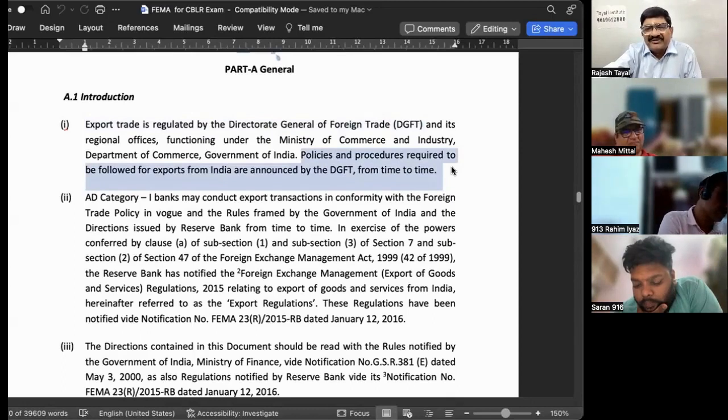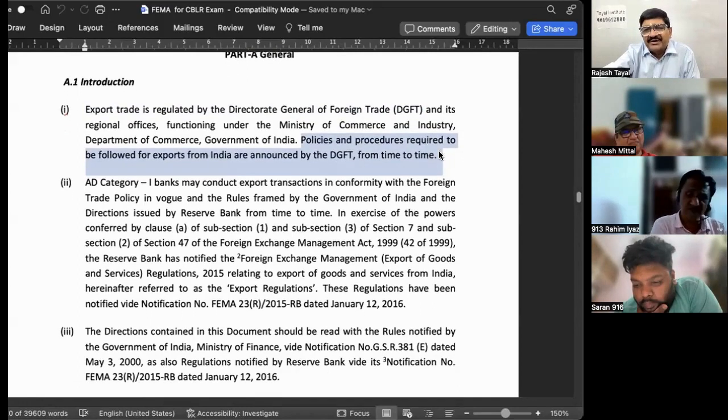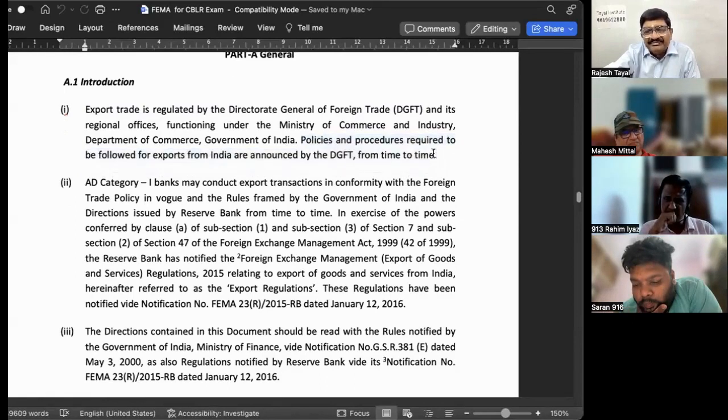So who makes the policies? Again, the DGFT. Right? So which policy are we referring to here? The foreign trade policy. Who makes the foreign trade policy? Commerce Ministry, the central government.